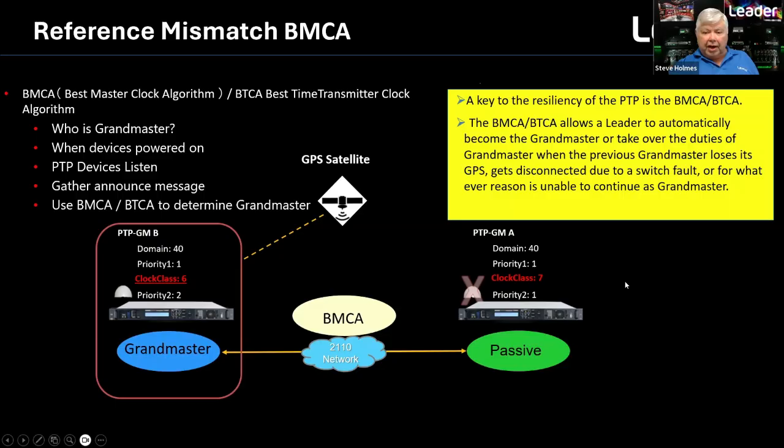Now, the beautiful thing about this is it's all done under the hood with the two units talking to each other. Then all of a sudden, one generator just goes passive, the other generator comes online, and all the receivers are still getting PTP perfectly. And everything happens just fine.